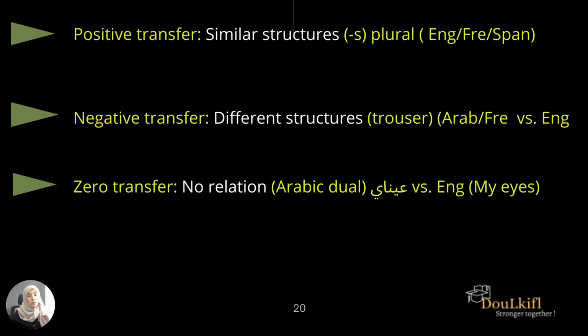There is a negative transfer when we find different structures, which means there is a level of difficulty here, like trousers between Arabic, French versus English. There is a zero transfer when there is no relation, like in Arabic dual 'aynai' versus in English 'my eyes'. And so there is no relation, which means there are no similarities and no differences. Okay.